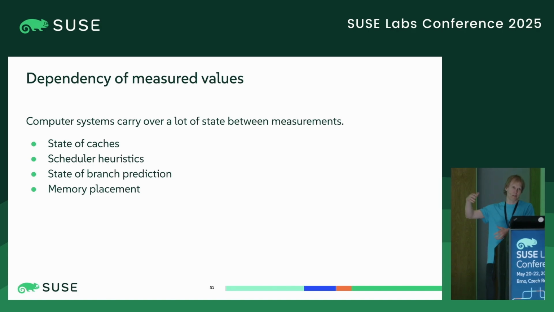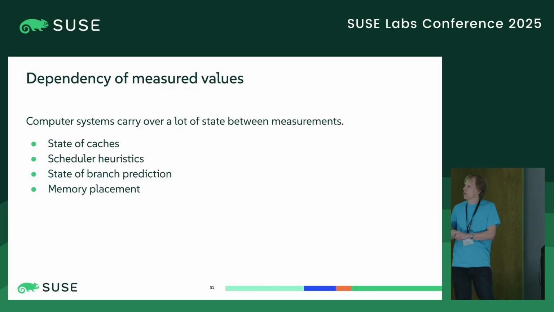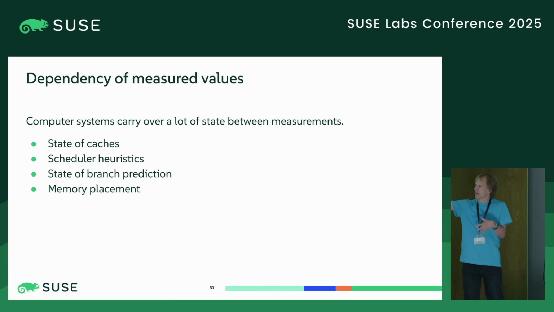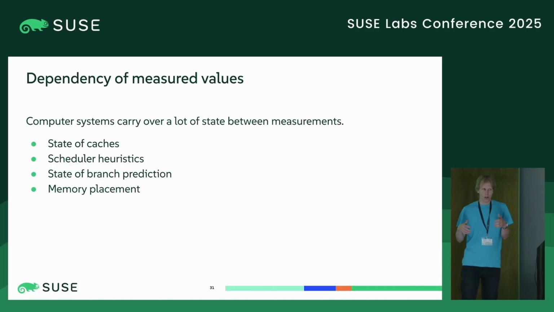The CPU has internal, let's say, branch prediction heuristics and other stuff that's carried over between the two measurements. The placement of your task in memory is again carried over. So there is a lot of system state that's actually carried over between the two measurements, and this causes the two samples you measure not to be actually independent in this probability or statistical sense.